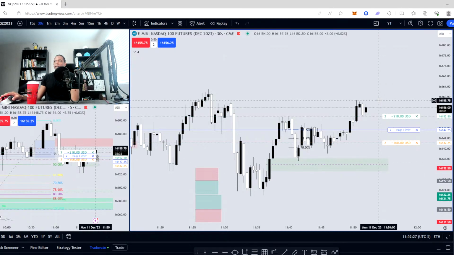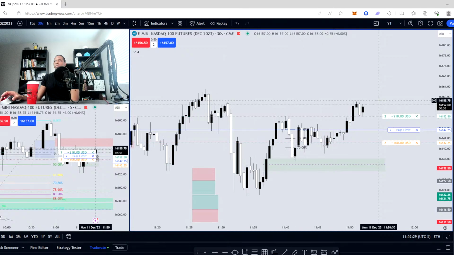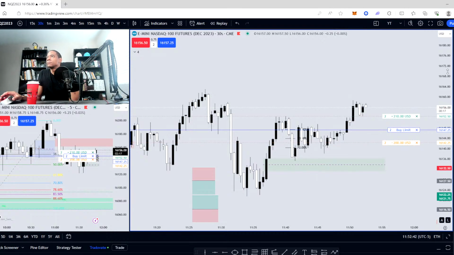If this high is taken, I'll cancel the limit order and sit back and wait and see if it wants to retrace later or if it wants to create a new setup up in this area. Oh, I see. Okay. No, she was on the 1 minute. Okay.